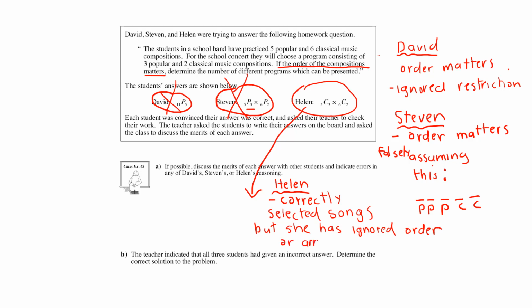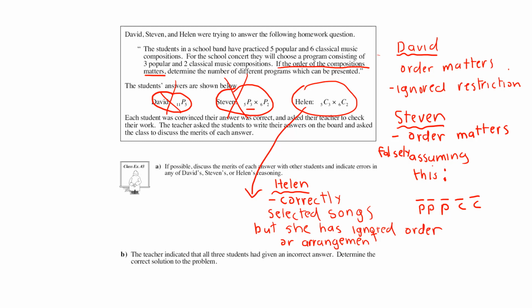So she's picked her songs, but she's basically telling whomever that it doesn't really matter if we play Beethoven before we play Brahms, or Chopin, or before the Beatles, if you're looking at popular ones. So she's off to a good start.